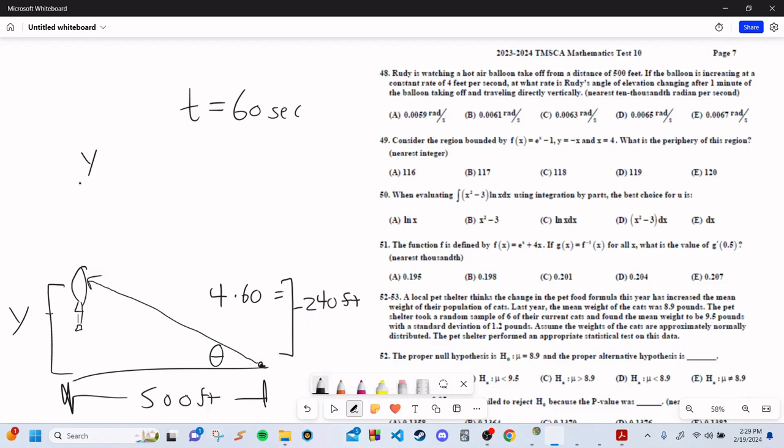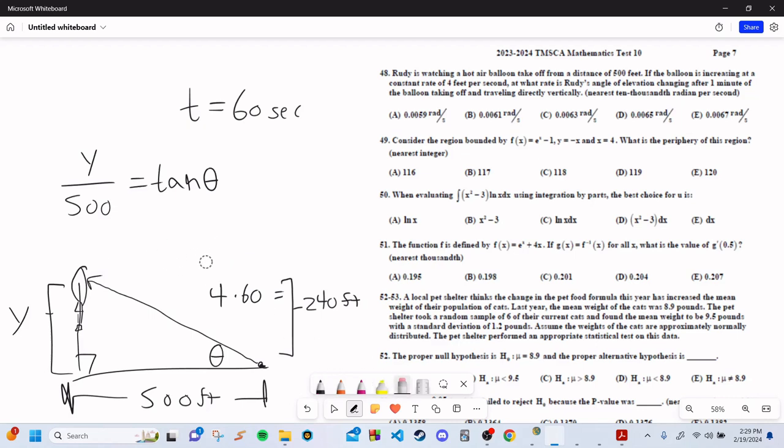So we can say that the tangent of theta is equal to y over 500. So you can write a right triangle here. Call this y, 500, and theta. This equation relates all of these things.